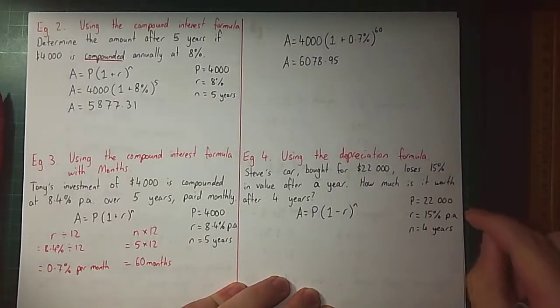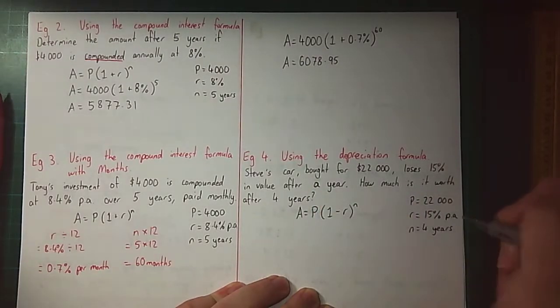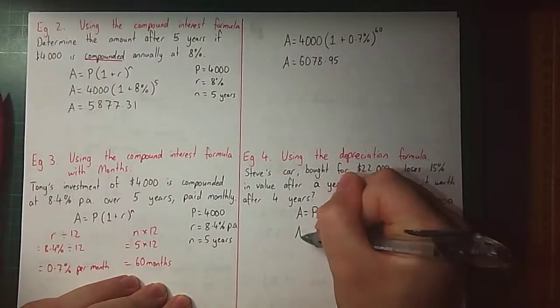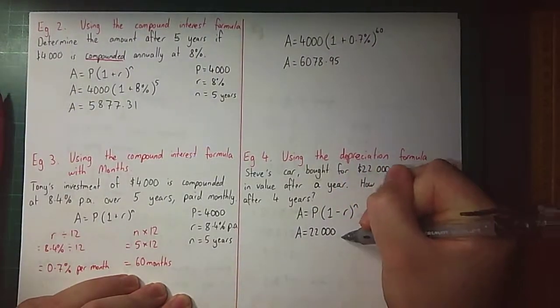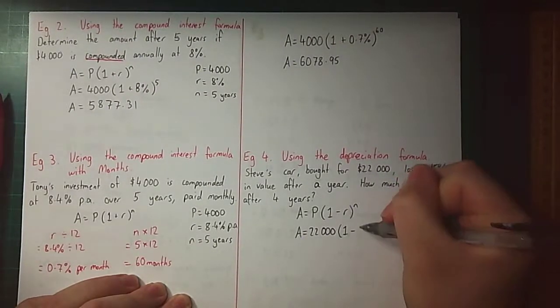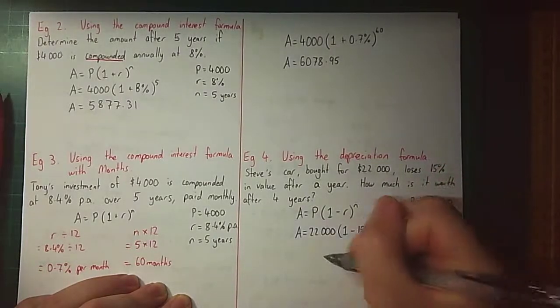Okay, so we've got the right rate, we want to know after each year, as it says here, and the rate is already in years, and the amount of time is in years as well, so we can put it straight into this formula. A is 22,000 inside of 1 minus our rate, which is 15%, to the power of 4.